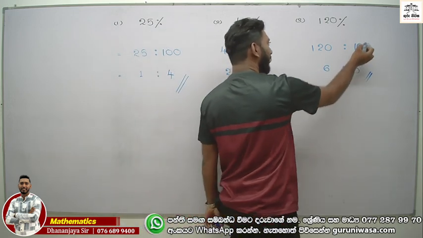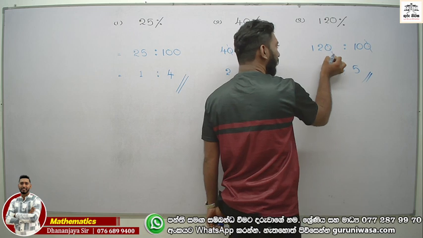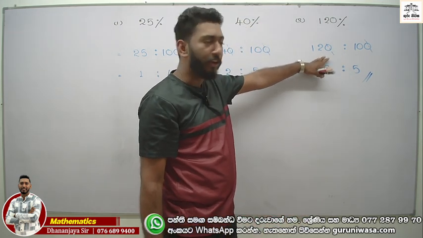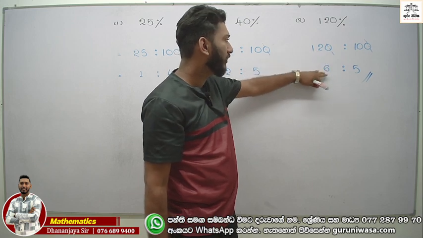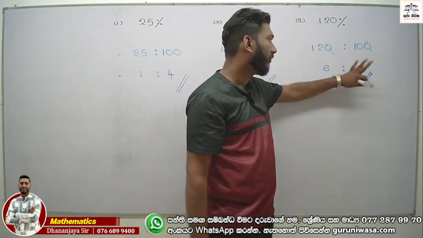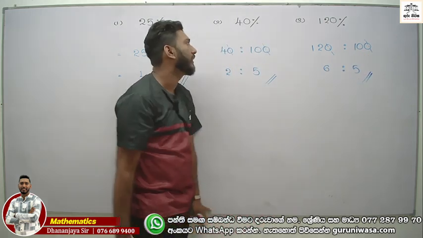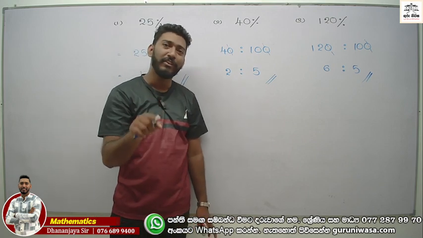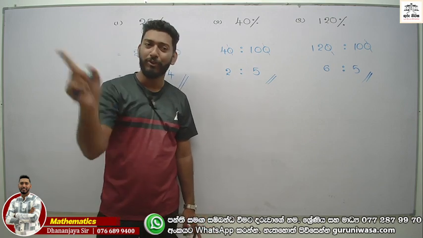In this case, cut 0 and 0, right? And 12 and 10, both numbers you can divide by 2. 12 divided by 2 is 6. 10 divided by 2 is 5. Right. These are the three examples of how to write percentages as ratios.